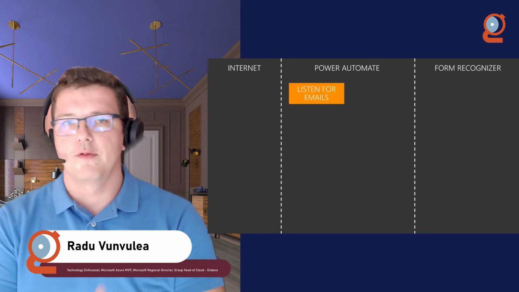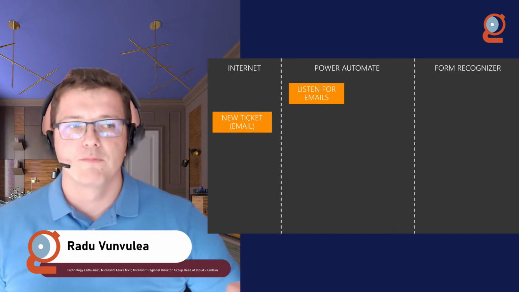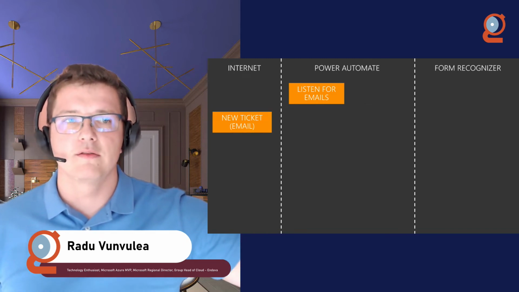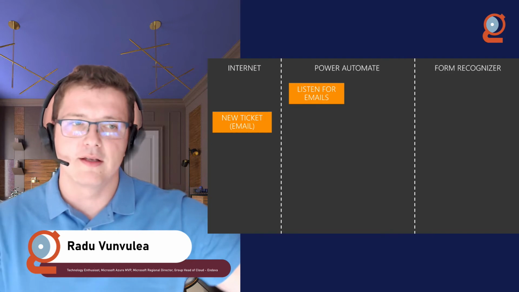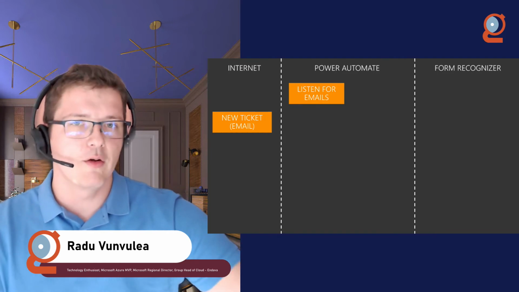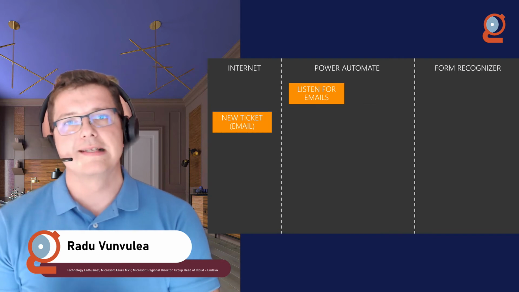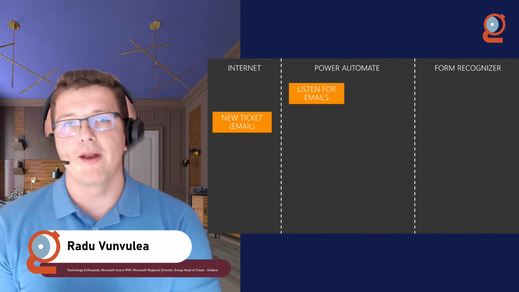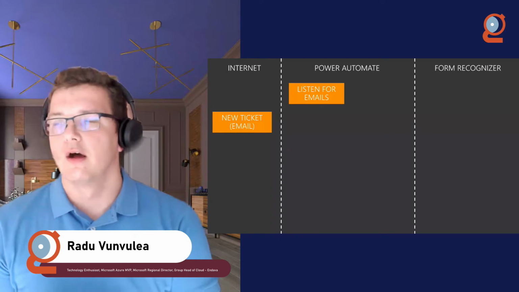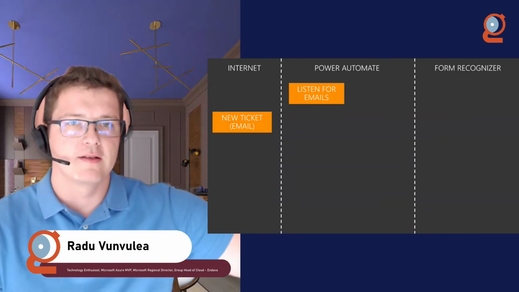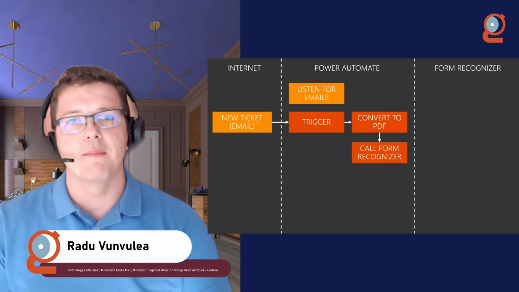We have a listener for emails, and we have a new email notifying us that a ticket was booked. Most organizations would have an email group that is receiving online tickets that were booked through the agency they are using, and that would be the main trigger.